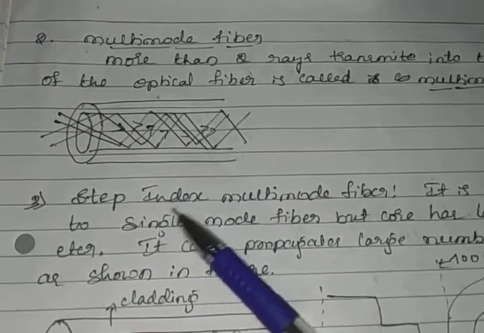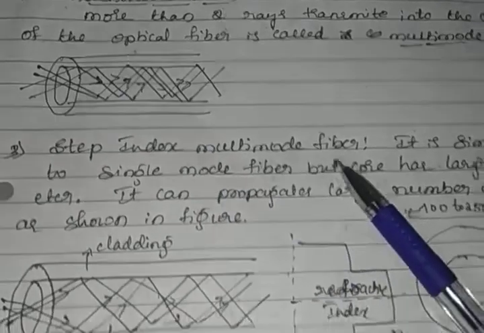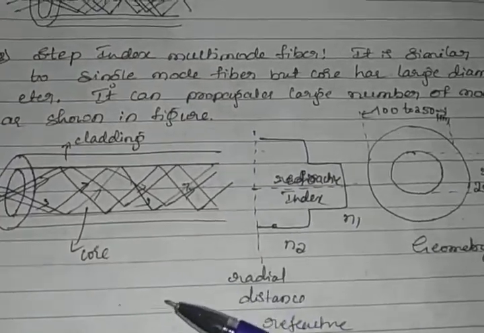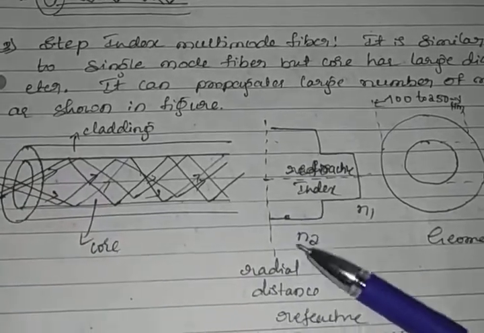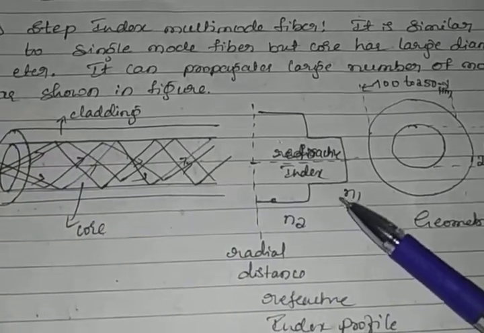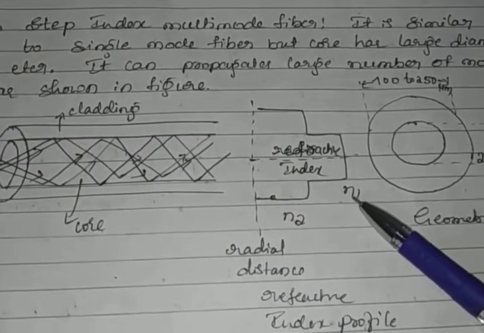Next is step index multi-mode fiber. This step index multi-mode fiber is represented by this one. It also has a refractive index profile, which is varied step by step.